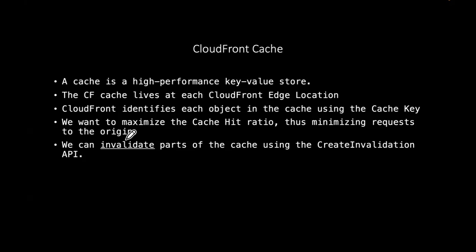And you can be more specific. Maybe there are only certain parts of the cache that you want flushed, because the cache could grow, depending on how much content is in your origin. You may not want to flush the entire cache every time. You just want to flush part of it. You can control that when you're doing manual invalidation, and you can control it when you're doing automatic invalidation.